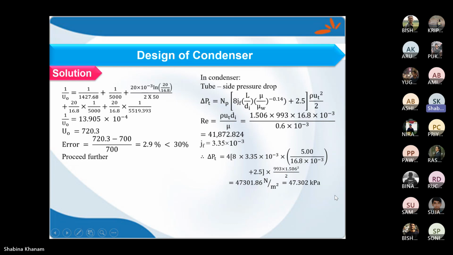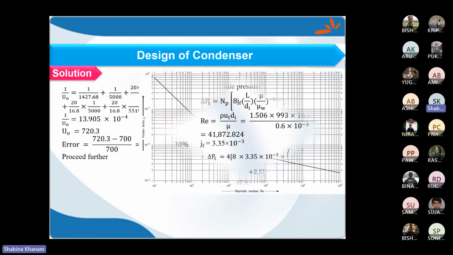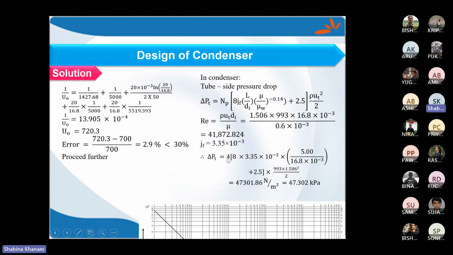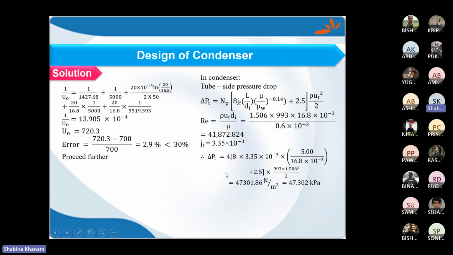pressure drop, it should be calculated for both tube side and shell side. First of all, we will proceed with the tube side pressure drop expression. You know already that we have discussed in shell and tube heat exchanger: Reynolds number, then you can see JF from this graph, and then you can calculate pressure drop in the tubes.